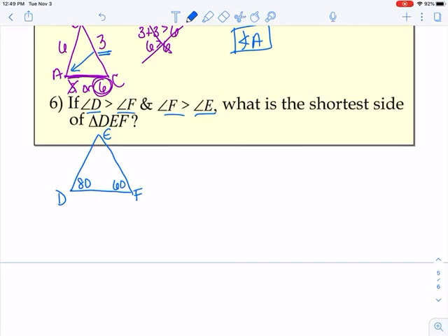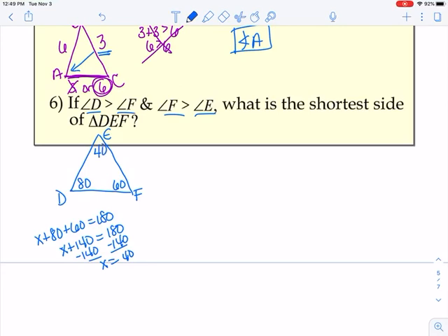Okay, that would make the third angle of my triangle: X plus 80 plus 60 equals 180. Oops, that's supposed to be a plus. I'm sorry. X plus 140 equals 180, subtract 140. That would make my third angle 40.